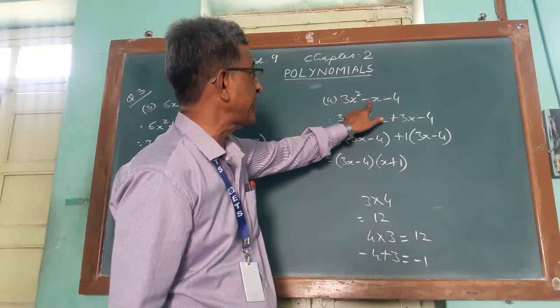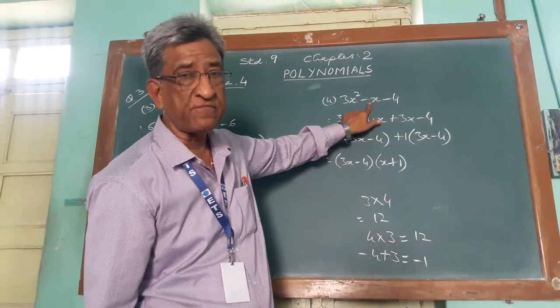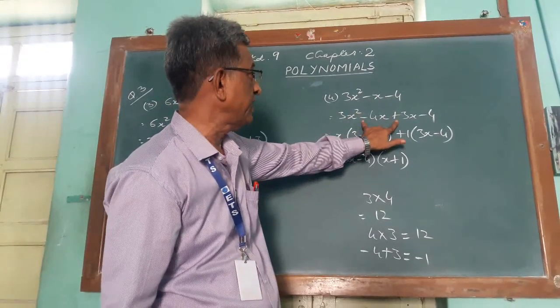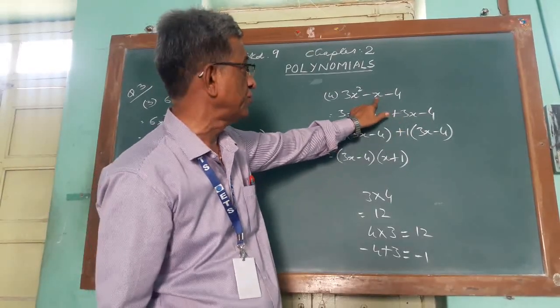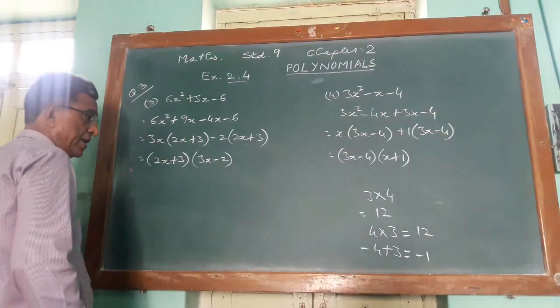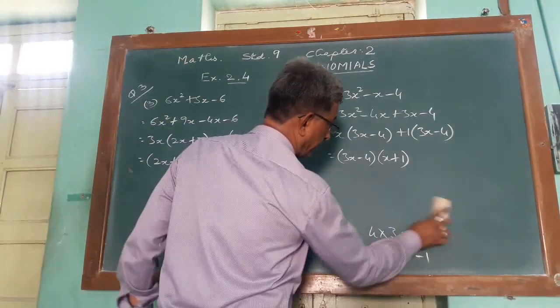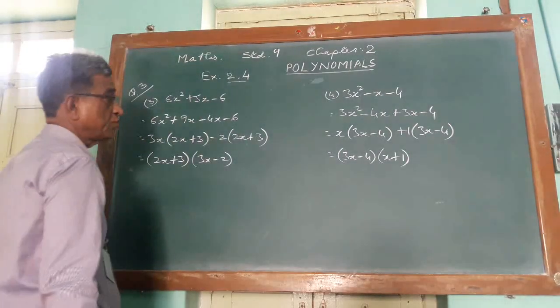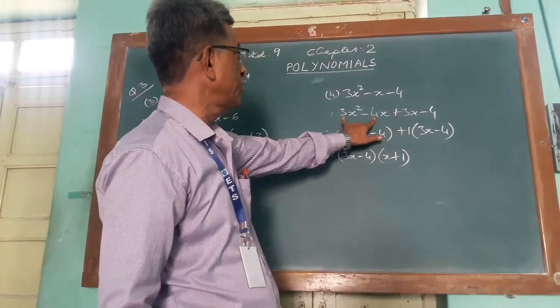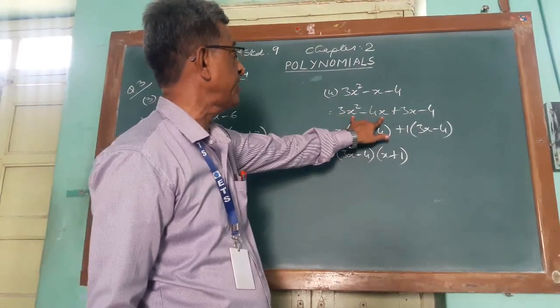So instead of minus x, I have written minus 4x plus 3x. Minus 4x plus 3x gives you minus x. Now take out the common from the first two and last two. Here no arithmetic number is common, only x is common.